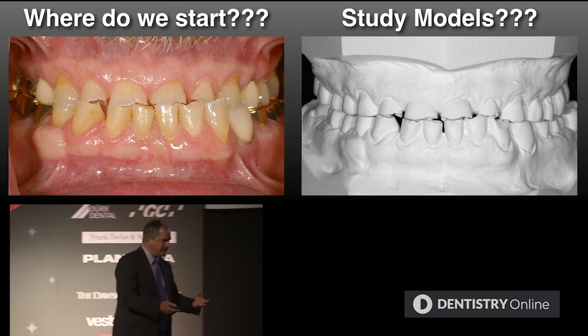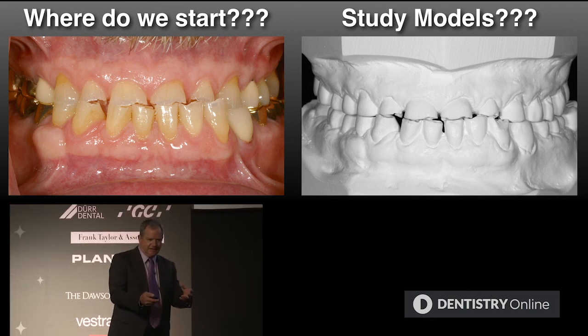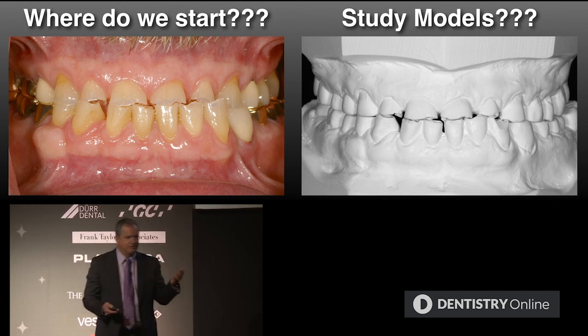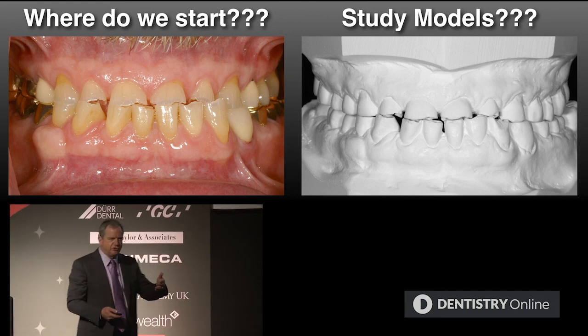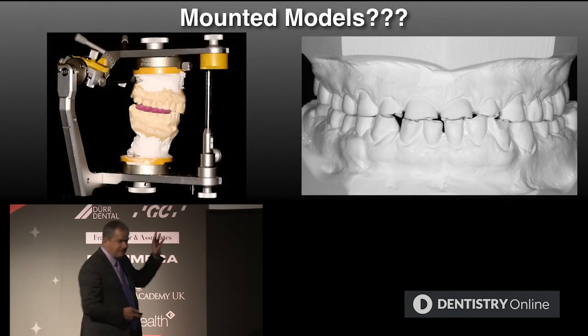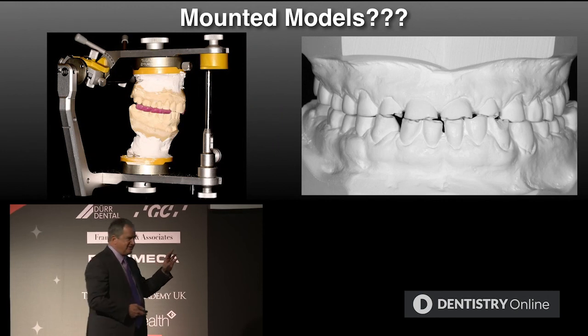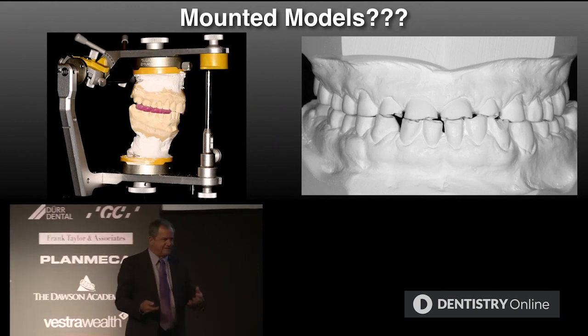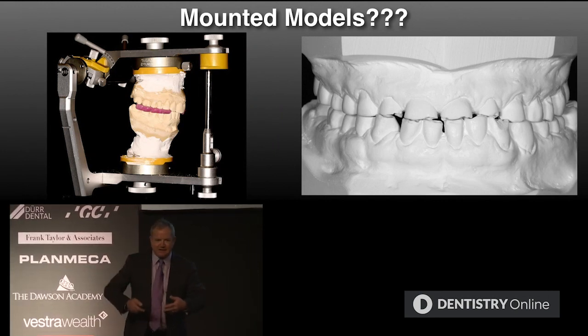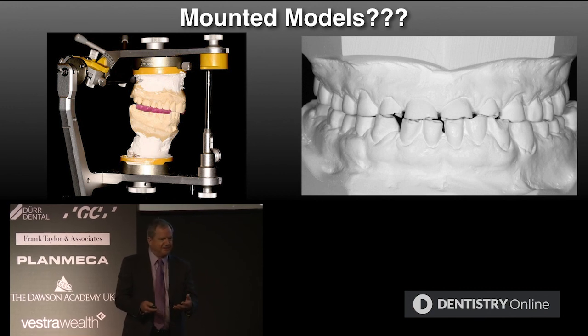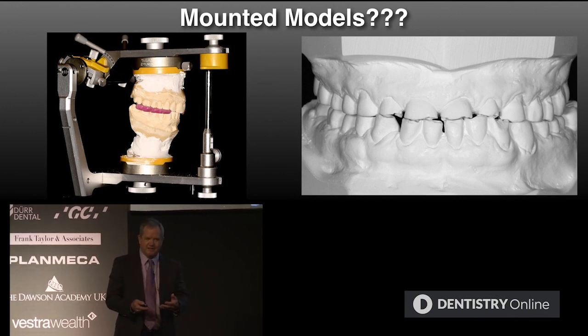And now you go sit at your desk quietly, and you study the models, and you still have no idea what to do. So you think to yourself, I've taken a bunch of occlusion courses. What I really need is mounted models. So I do a face bow and bite records and an articulator and I mount everything. And now I'm sitting at my desk quietly looking at my mounted models and I still don't know what to do.